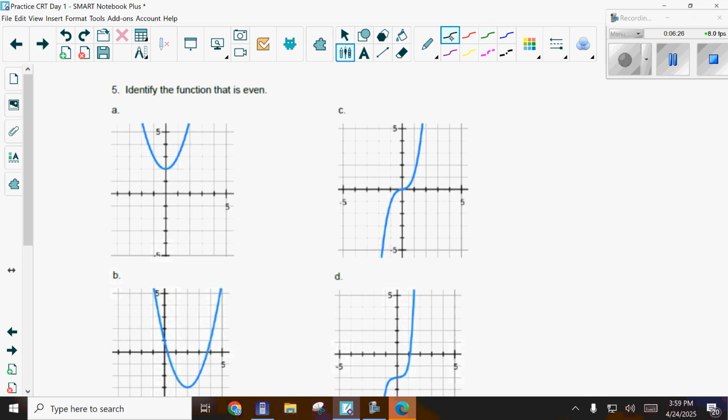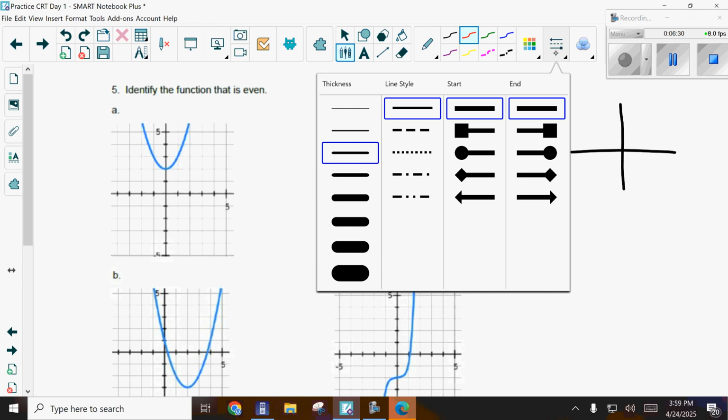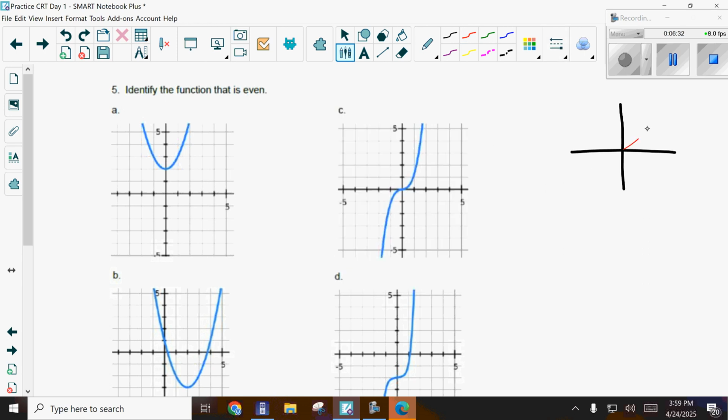If I wanted to do odd, functions have this feature. A lot of times your odd functions are going to be diagonal. So you'll have one part in the first quadrant and one in the third quadrant, or possibly one in the second quadrant and one in the fourth quadrant. Now the big thing about this is it's kind of like a double fold.